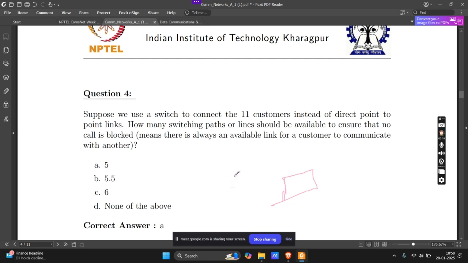They are not connected to each other. This is no longer a point-to-point topology. This is no longer a mesh topology.